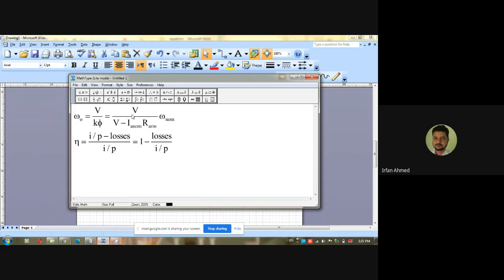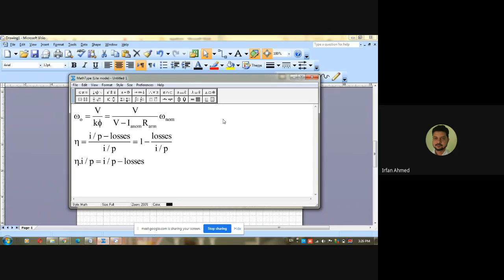So I can multiply both sides by the input. This becomes efficiency multiplied by the input, which is equal to input minus losses.